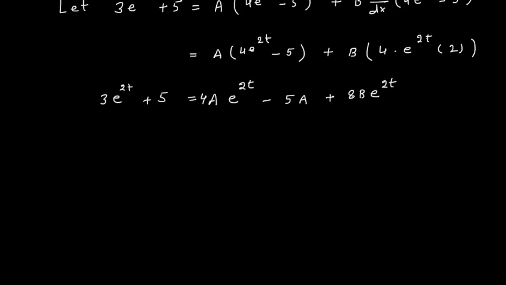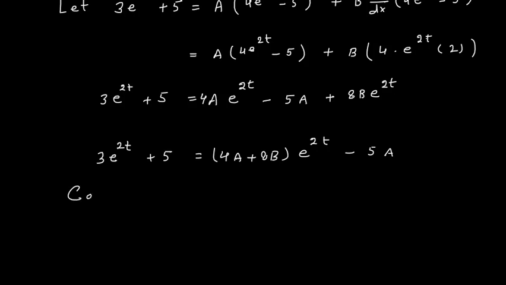Then what we do, we separate this e^(2t) on the right side, so 4a plus 8b is with e^(2t), and then we have minus 5a, and on the left-hand side we have 3 into e^(2t) plus 5.